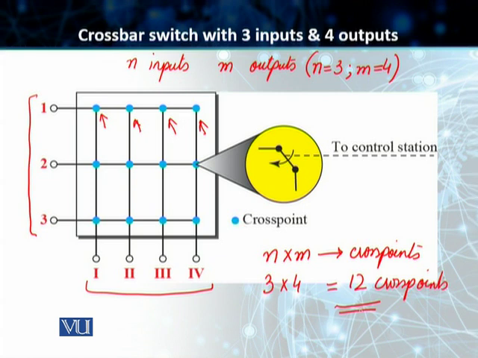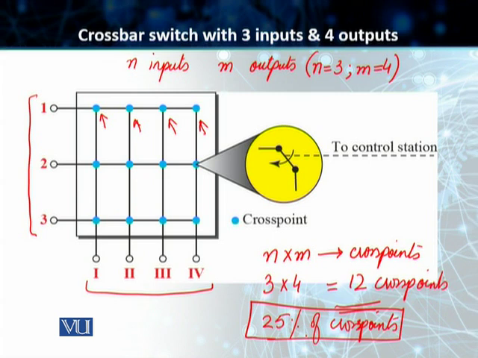Even if we manage to get such a crossbar switch, it will be very inefficient, and the reason for that is that we have got a statistic which says that fewer than 25% of cross points are normally used in a crossbar switch at any one time.